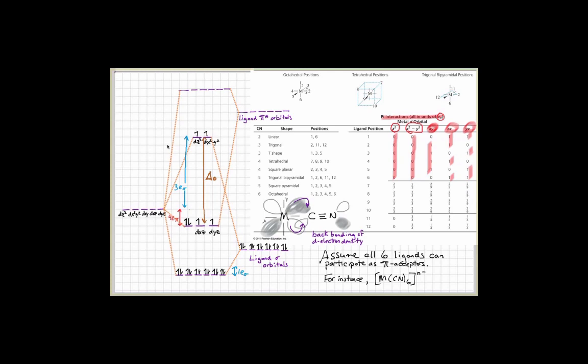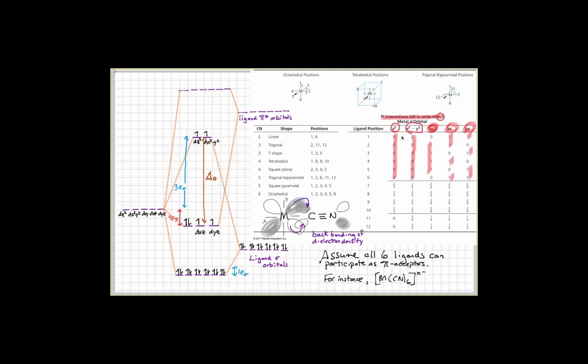Now keep in mind, if you create a diagram in which you have pi donors, for instance chloride or bromide or iodide ligands, which can contribute as a pi donor ligand, in that case your d orbitals will be raised in energy.